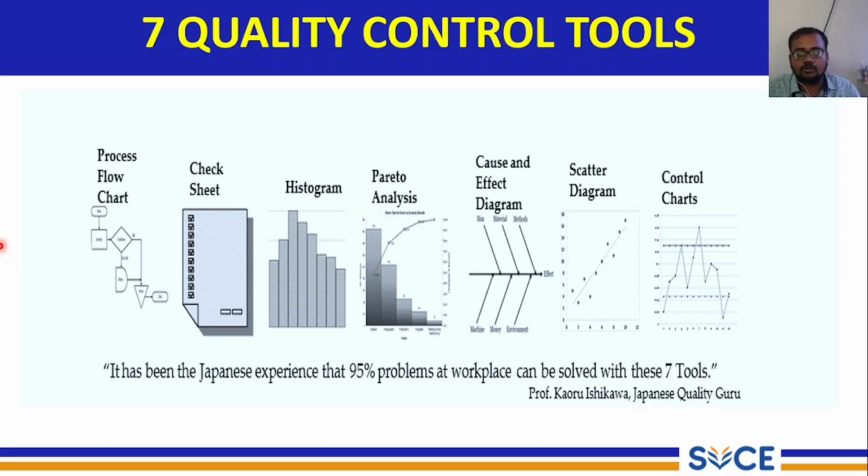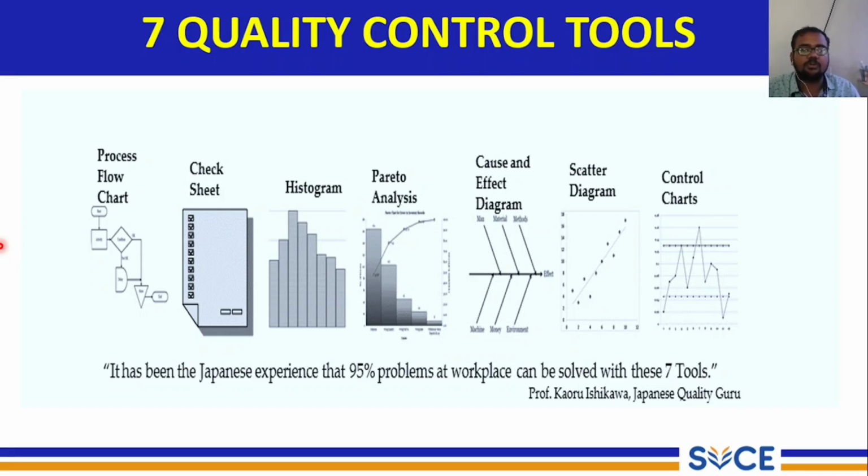To quote a famous saying by Professor Kaoru Ishikawa, who also developed the PDCA or PDSA cycle, through experience 95% of the problems at the workplace can be solved with these 7 tools. He is one of the pioneers, also called a quality guru.